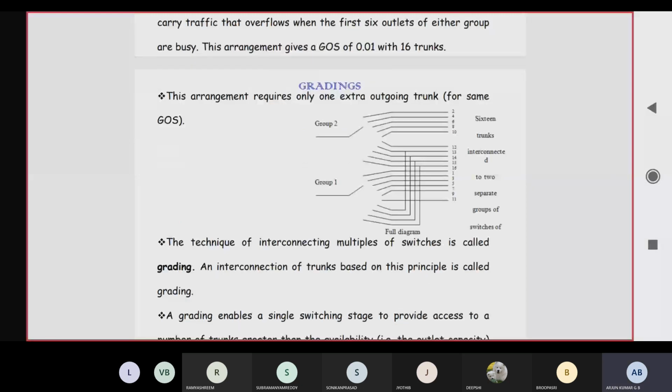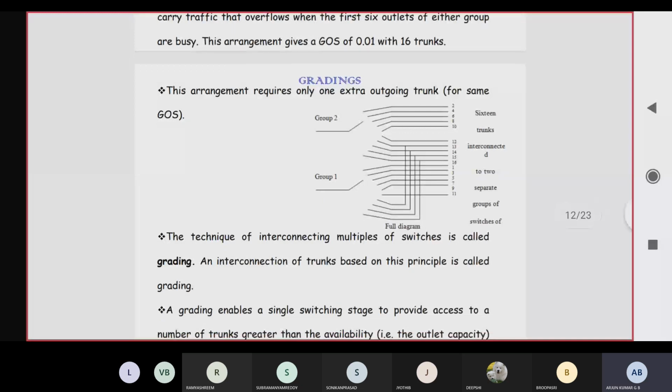Likewise in group 2, 6 will be dedicated for group 2 lines, and another 4 will be interconnected with group 1. In both groups the available lines will be 10 only.